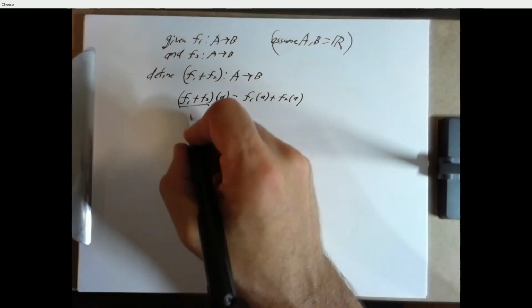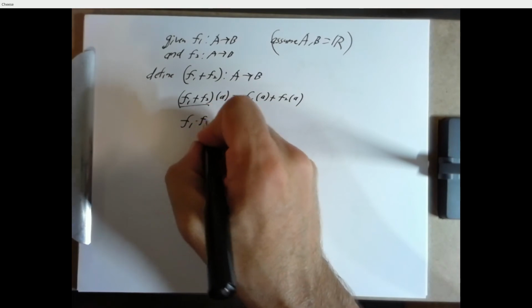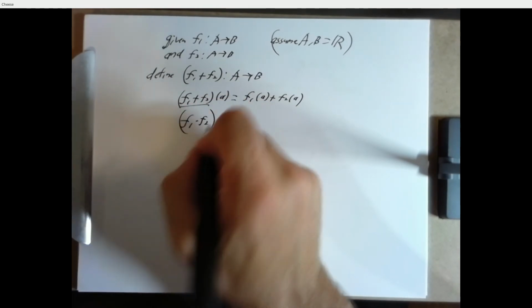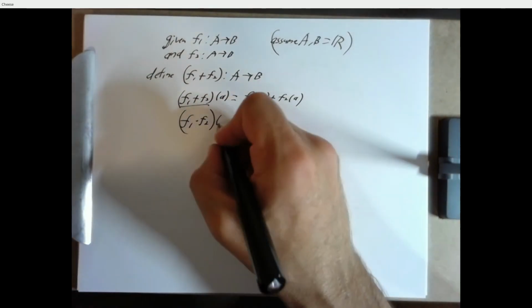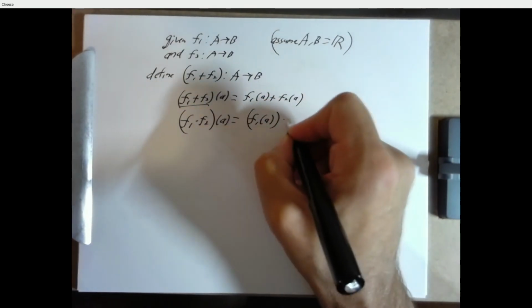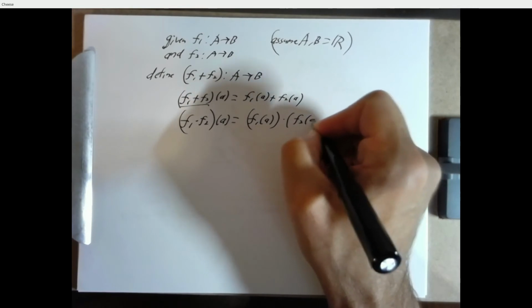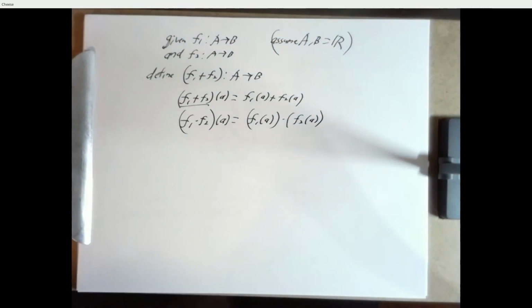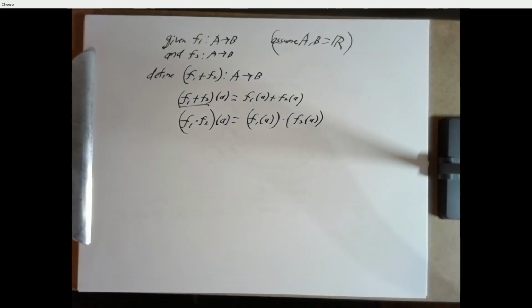And we can also define multiplication. So here's yet another function, f1 times f2, and it takes an element a and it maps it to f1 of a times f2 of a. So we can start doing arithmetic on functions, not just on numbers, not just on symbols, but on actual mathematical functions.